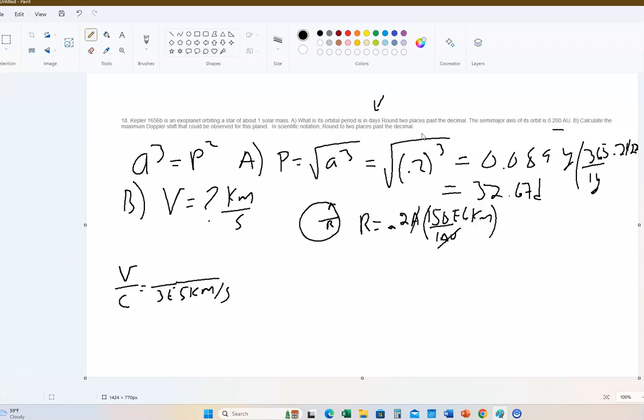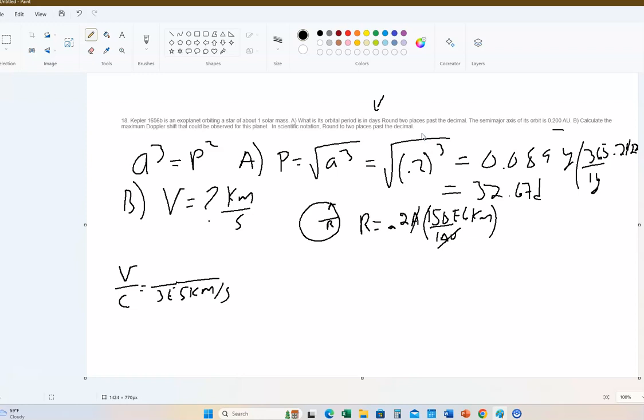So 0.2 times that. All right, so here, I'm going to do it in my scientific calculator because it just does a much better job. So it's going to be 0.2 times 150 times 10 to the 6th.